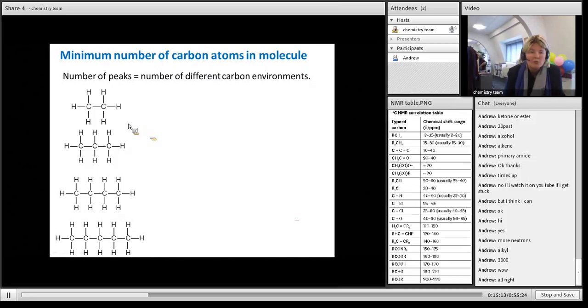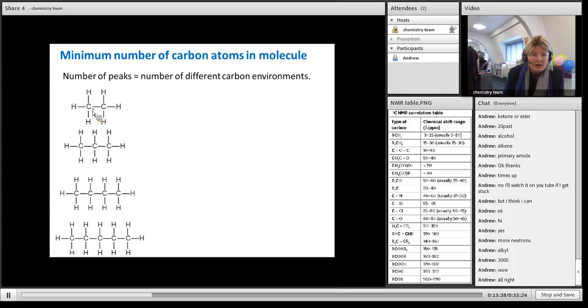So, what do we mean by carbon environments? If a carbon is in exactly the same environment, so is it bonded to exactly the same other groups or atoms, then it's an identical environment. It'll feel the same effect of the magnetic shield, so it's going to need the same frequency to flip the nuclei.